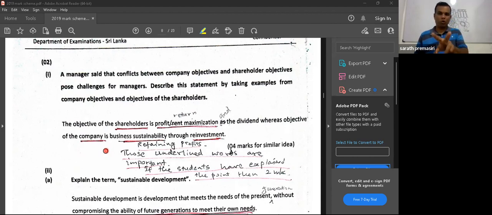These two objectives are conflicting with each other.